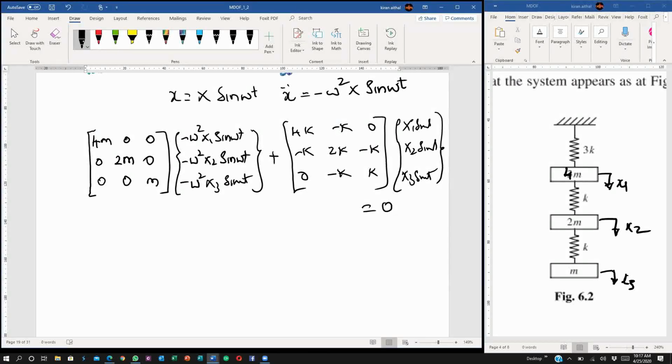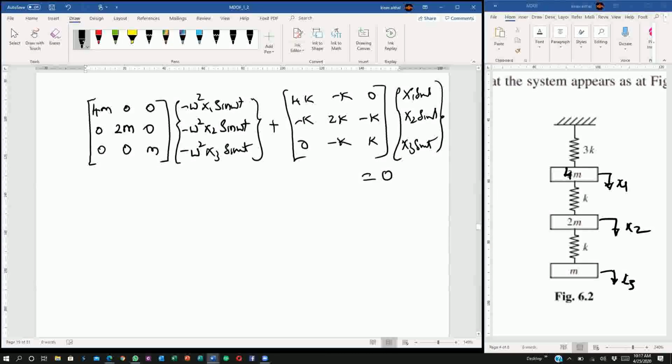Then if I segregate everything, the sine omega t will go off. The one I am left with by adding this is 4m minus 4m omega square, 0, 0, 0, 2m minus 2m omega square, 0, 0, 0, m minus m omega square.